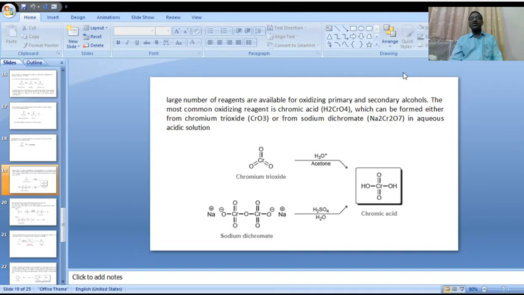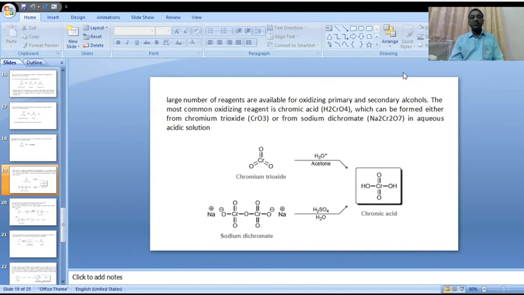Tertiary alcohols generally do not participate in the oxidation process because there is no availability of a proton. Primary and secondary alcohols undergo oxidation.